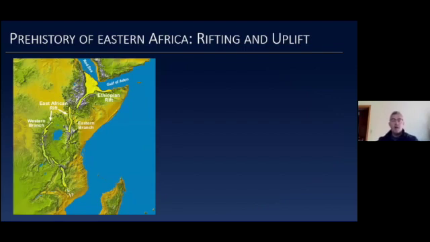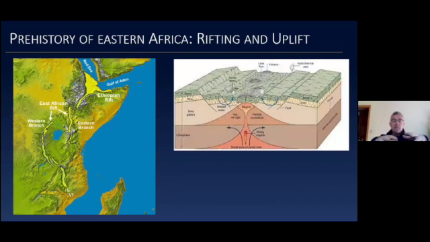Another big part has to do with something we call rifting. All of Eastern Africa is affected by these rift systems. If you look at this map here, all of these lighter greenish yellow areas are rifts. Rifts are simply big cracks in the crust, places where the crust has dropped down significantly. We think of rifts as a depression in the landscape, but in fact, before the rift occurs, the landscape bubbles up.